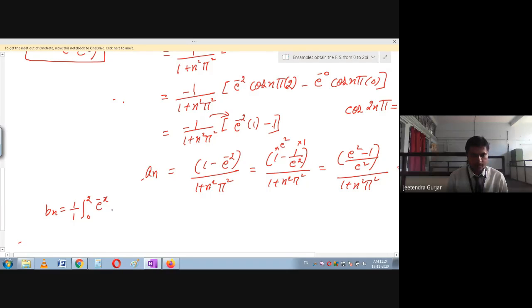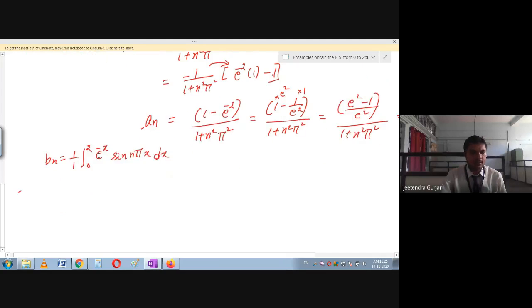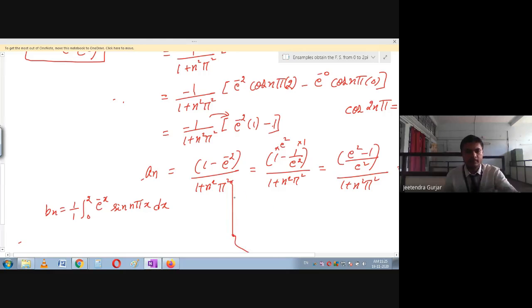Then next we have sine n pi x upon L, and L is 1, so no need of writing it again, dx. Again, students, whenever there is e with cos or e with sine, please use the simple formula, that will be helpful.